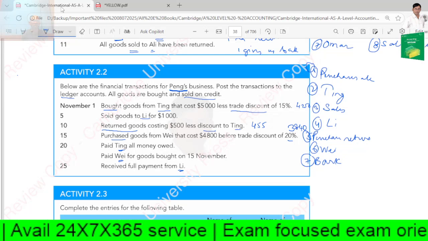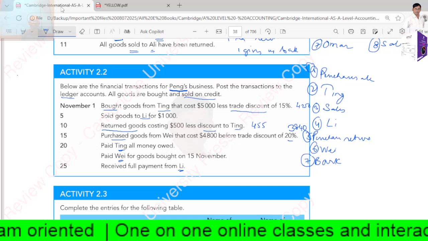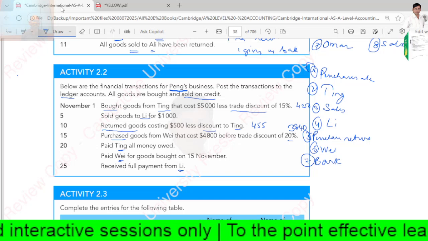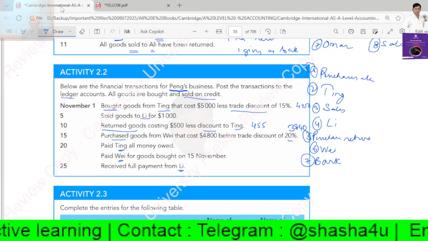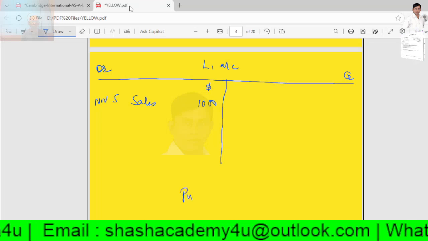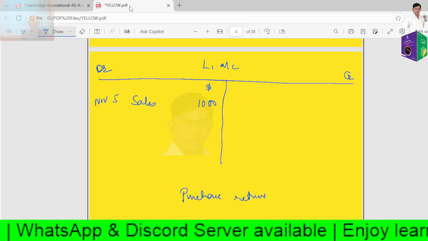We are returning the goods worth 500, but after discount it is 455. Returning the goods means these are purchase returns. Ting account is already there. Purchase returns, Ting. So the purchase returns account.